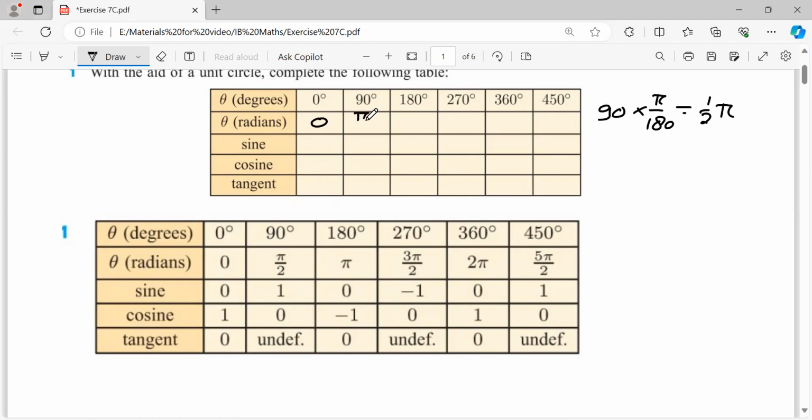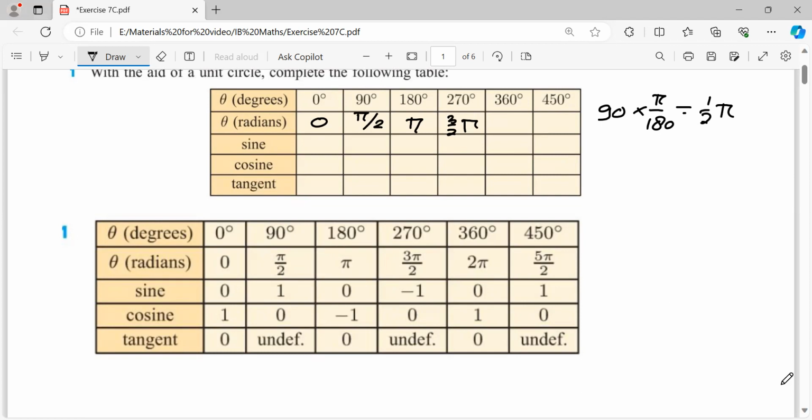With the same procedure, you can find pi here because 180 over 180, and 270 over 180 is going to be 3 half pi, and so on until you get these complete values, right?